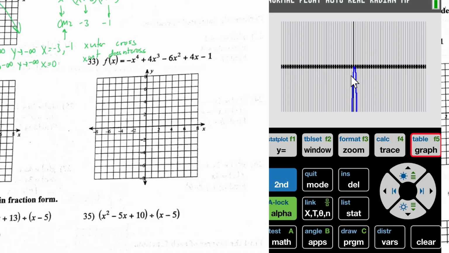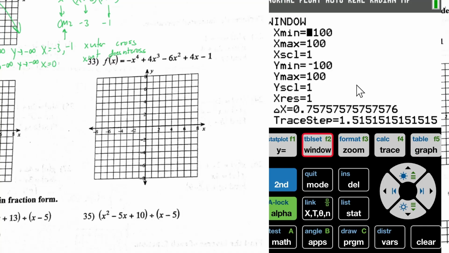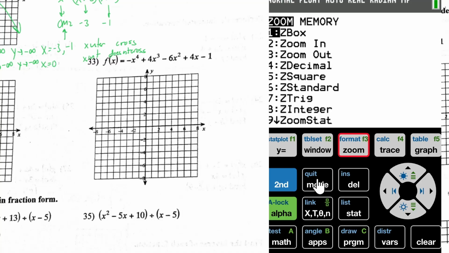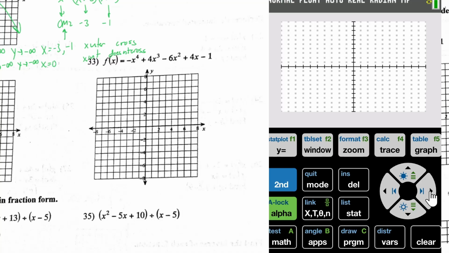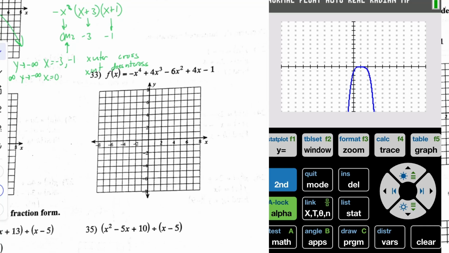All right, so I'm pretty confident it just has that 1 zero. I'm just going to zoom standard to get me back. All right, looks like it's at 1, so I guess the factored version of this function would be just x minus 1, with multiplicity 4.